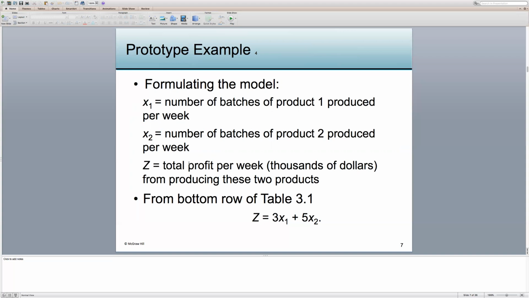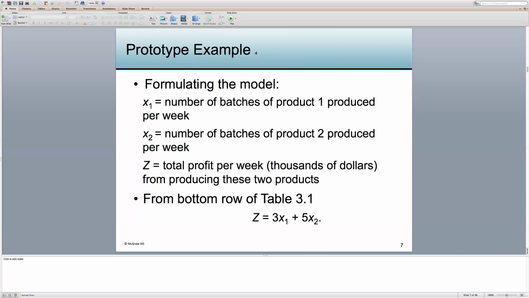And Z is the total profit per week in thousands of dollars from producing these two products. And the question is, how do we choose X1 and X2 subject to the various constraints we have on the problem that maximizes this number, which is traditionally called Z, which is the total profit.